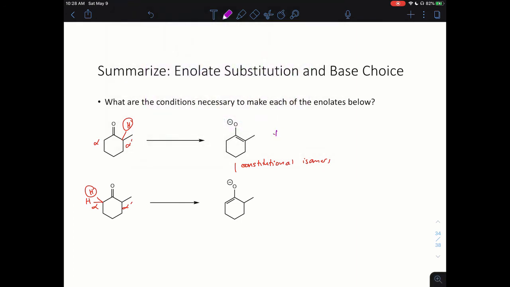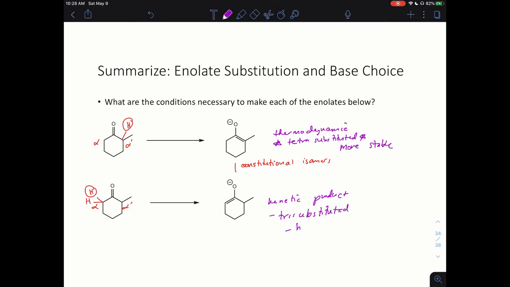We would describe the first product as the thermodynamic product because it's tetra-substituted. The bottom product is the kinetic product. It's a little bit higher energy. It's the tri-substituted, so less substituted means it's a little less stable.